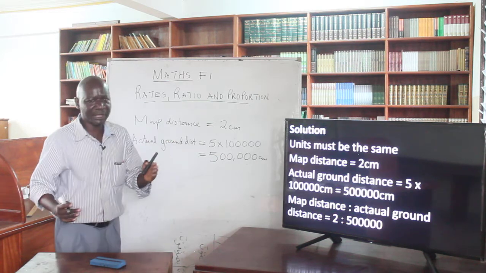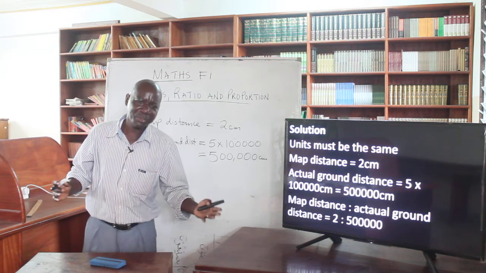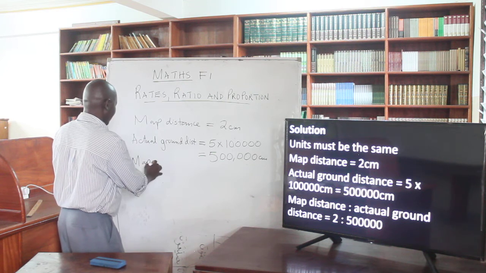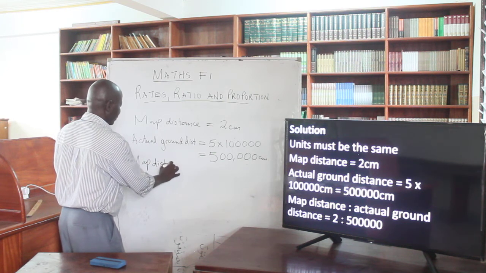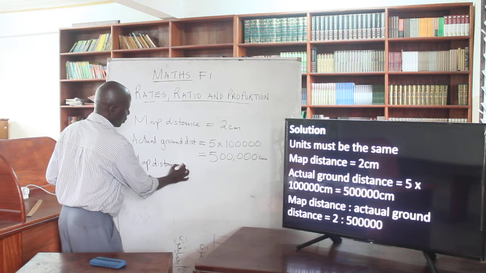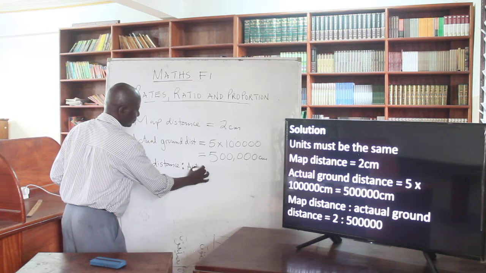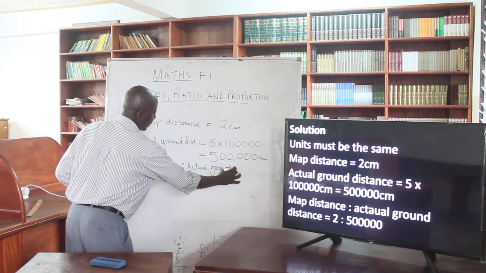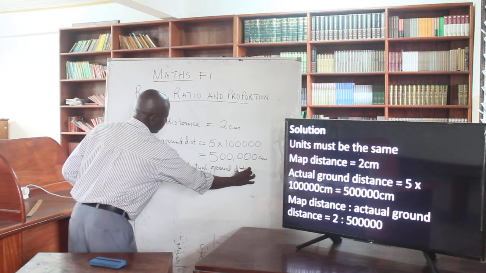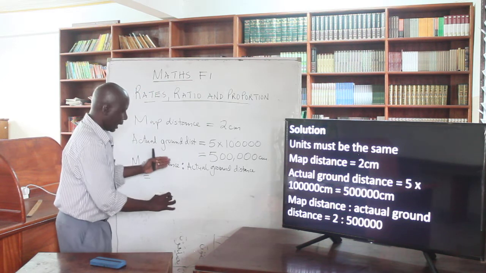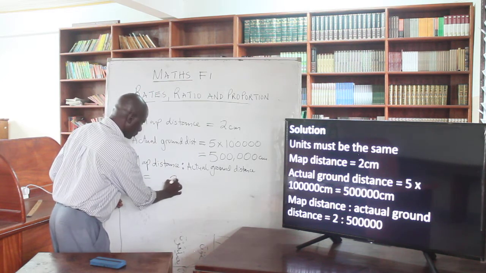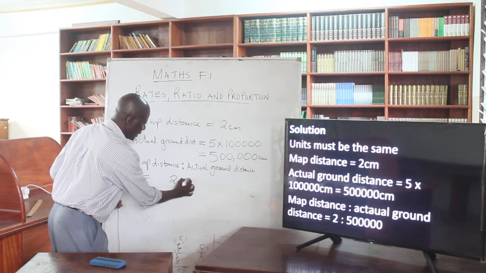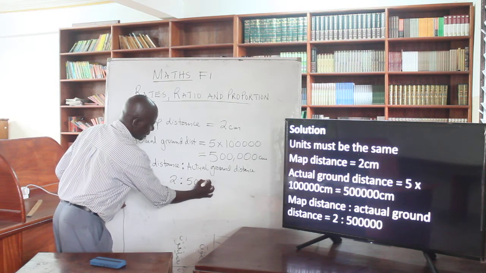So we can say the map distance to the actual ground distance is equal to the map distance, 2 centimeters, to the ground distance, 500,000 centimeters.